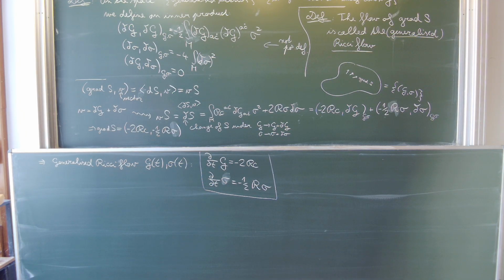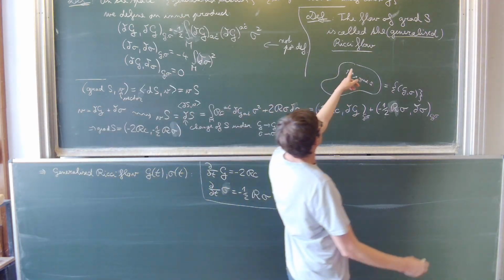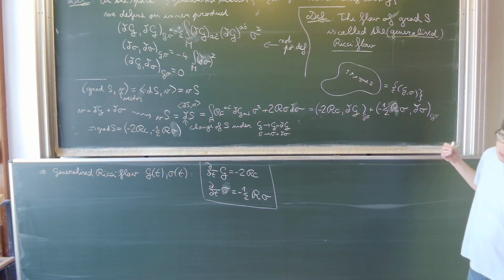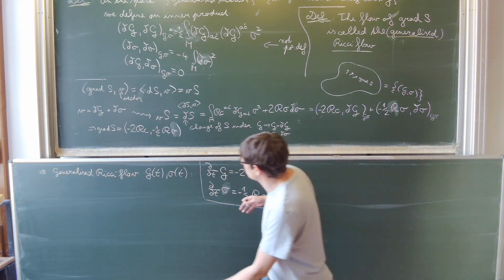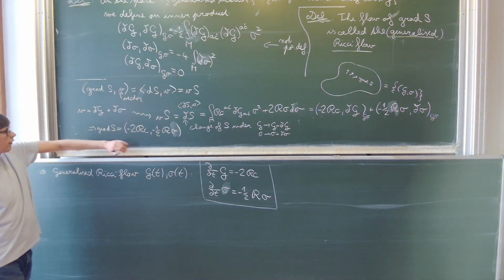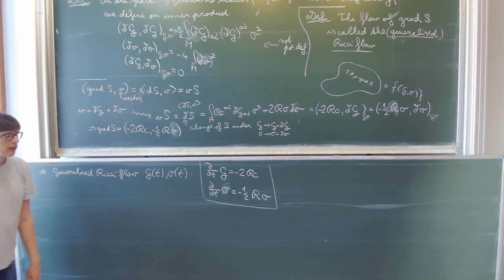And so now what does this have to do with the gradient of this? You are saying that the gradient of S is this. Also these are like the integral curves? Yes. Here I wrote the integral curves, but the important thing is that the gradient of S as a vector field is this. Yeah, makes sense. Then if you want to flow along it, this is the thing.